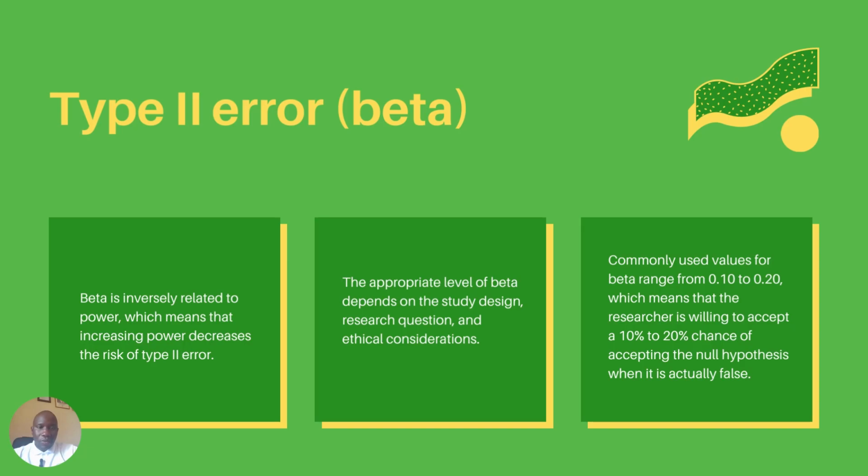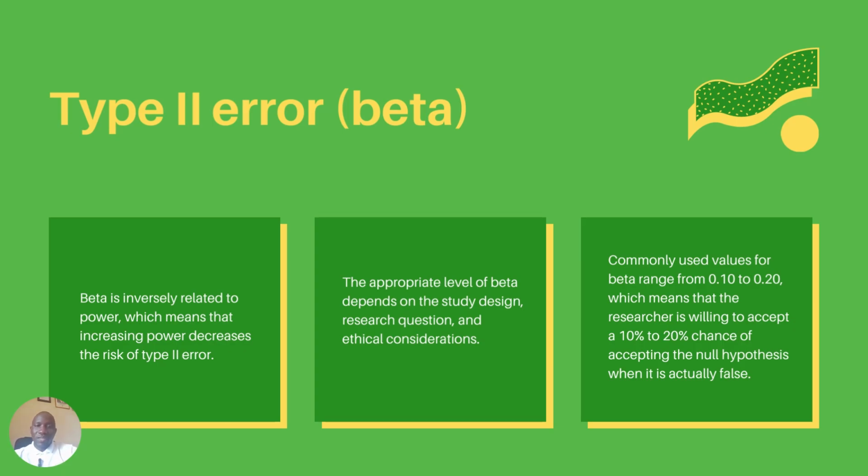Beta is inversely related to power, which means that if you increase power, you are decreasing the risk of committing a type 2 error. Okay, so you also need to choose the appropriate level of beta.